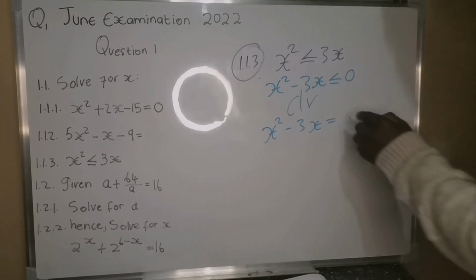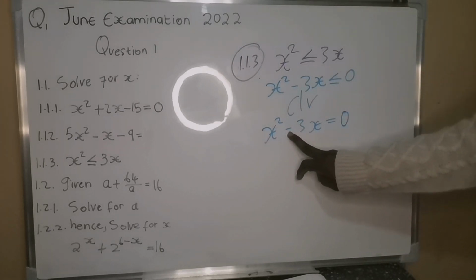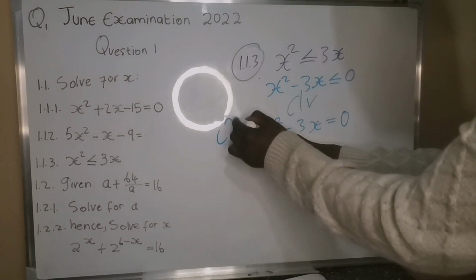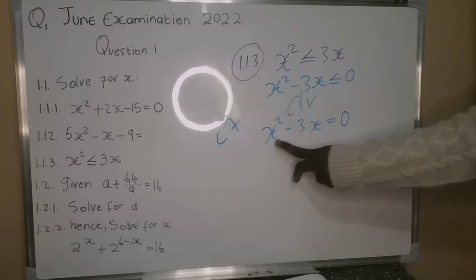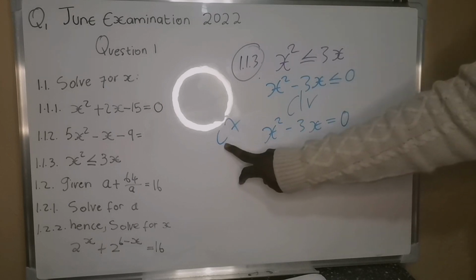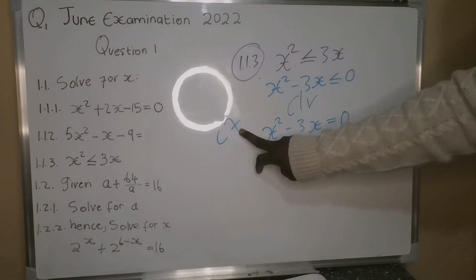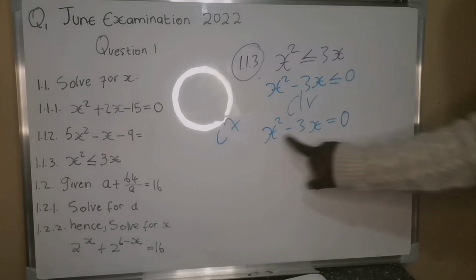If you have plus or minus between two terms, you need to find the common factor, but only if you have something common between these two terms.